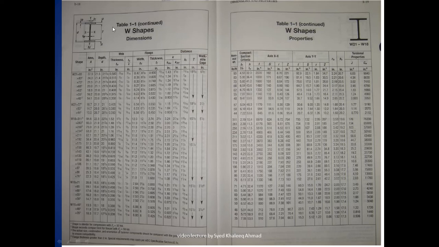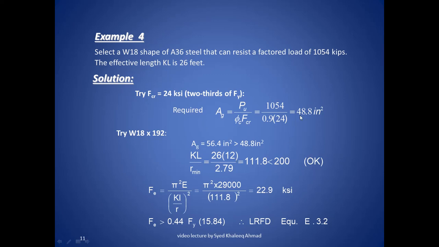So from this steel sections table, according to that gross area, which is 48.8, we will select this section which has area not less than this. So W18 by 192, because it is restricted as W18. So we'll go to the table of W18 shapes. So we select W18 by 192. So Ag is 56.4 inches square from the table, which is more than the required.